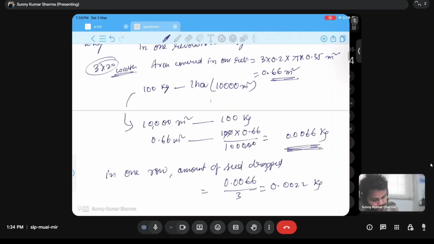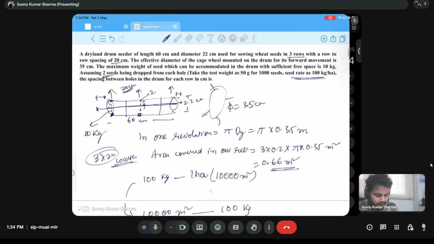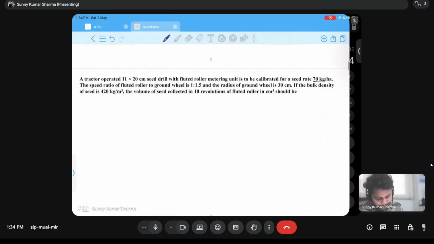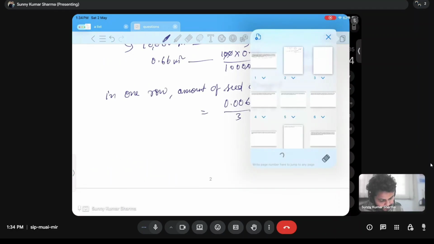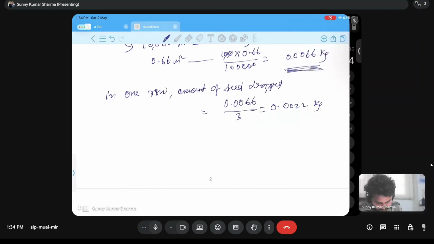Now we need to know the number of seeds being dropped. Here we can see that in the test it was found that 50 gram of seed contained 1000 seeds. So 50 gram of seeds means 1000 seeds, and this amount is in kg.